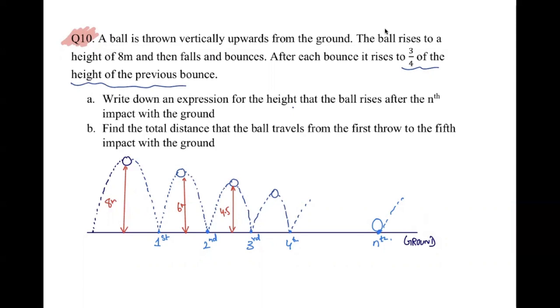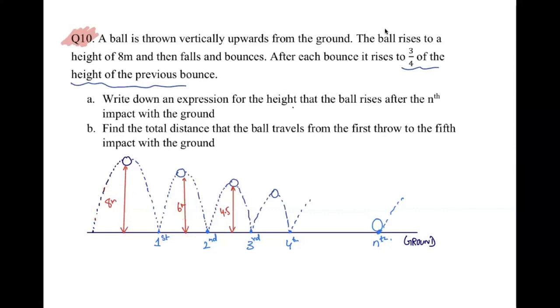What makes you say that it's arithmetic? Because it's decreasing every time. So geometric, because the common difference is not the same. There's a common ratio. Yes, it is a geometric progression because every time the next height is 3/4 of the previous height.